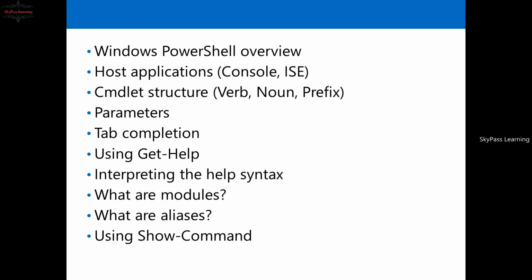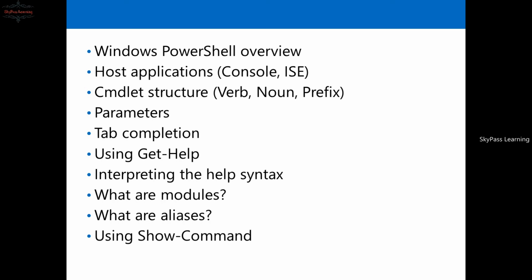And today, I'm starting with the first video of this series. In this video, I will cover the following topics, which you can see on your screen. These are the Windows PowerShell overview, host applications, like how you can access PowerShell or execute the commands, and the commandlet structure, like verbs, nouns, prefixes, and how it works.